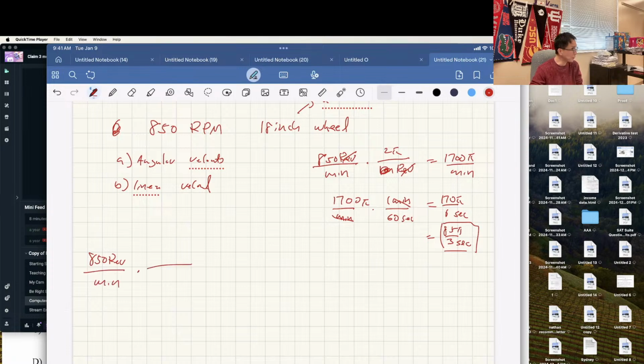I need to convert the revolution first. 1 revolution, if you want to convert it to linear velocity, is what? 2 pi r, which in this case is going to be 9 inches. Is that okay? And I need to multiply by 12 inches equal to 1 foot.